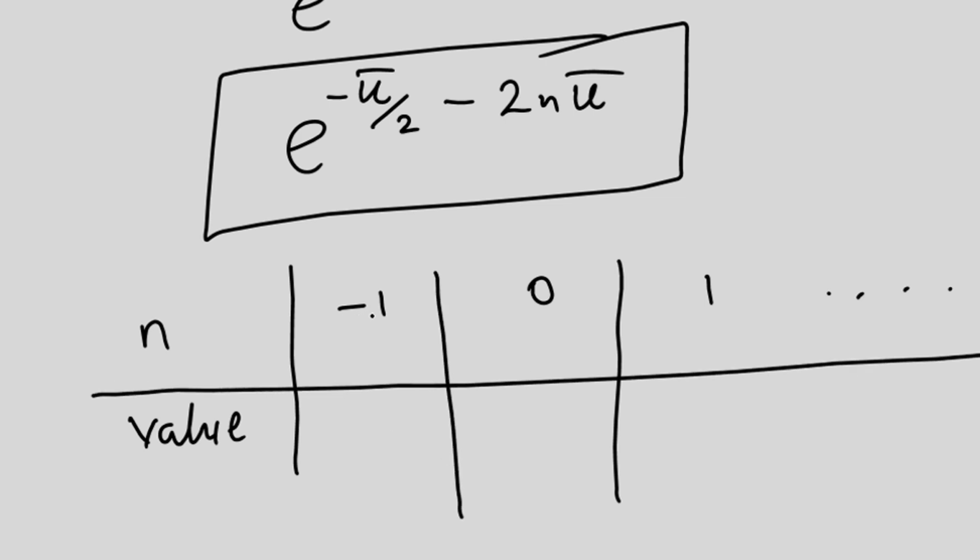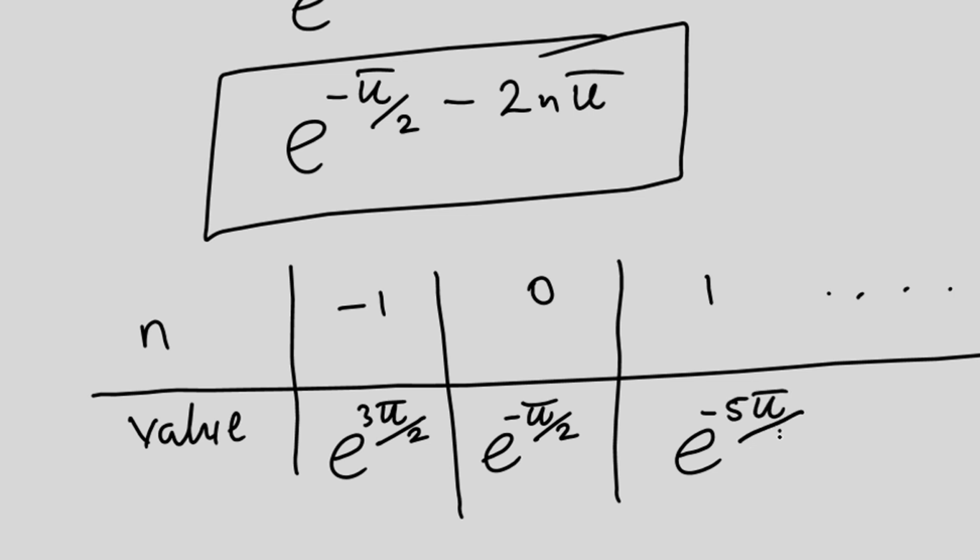So if we replace -1 into this expression right here, we're going to have e to the power 3 pi divided by 2. Then if you put 0 into this expression here, we're going to have e to the power -pi divided by 2. Likewise, if you put 1, we're going to have e to the power -5 pi divided by 2.